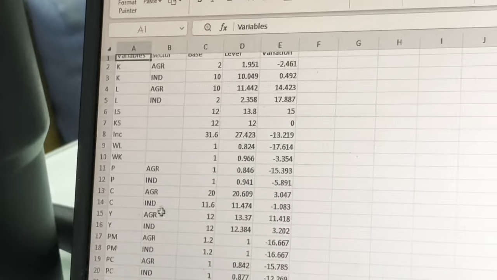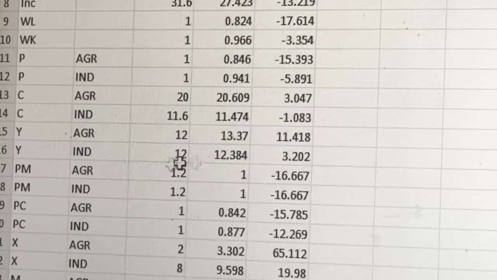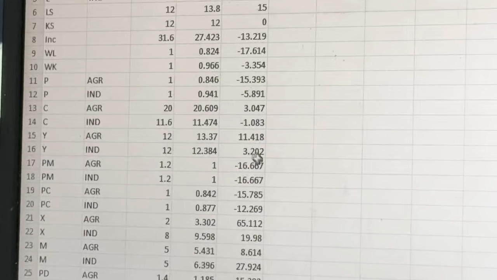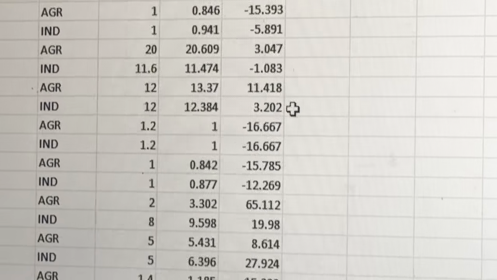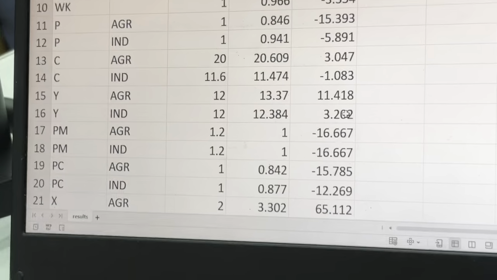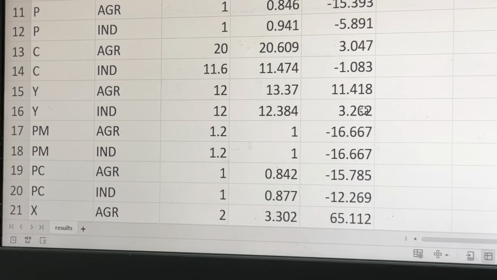And as for the output, we can see both increase. In agriculture, we can see an increment of 11.42%, and in industry, 3.2%. However, there is a price decline due to higher supply pressure, which is in the wage of labor.